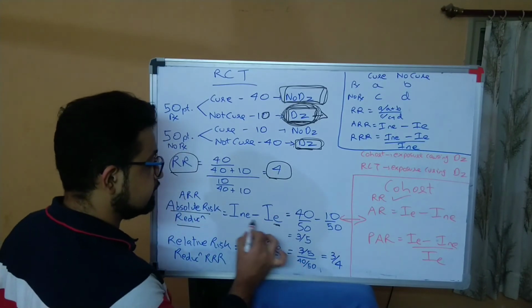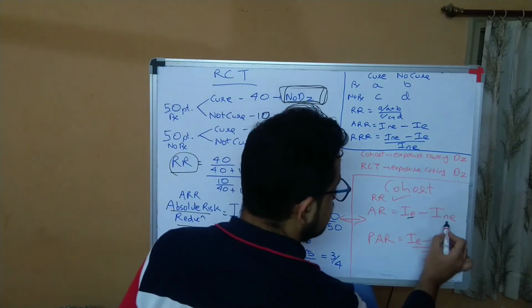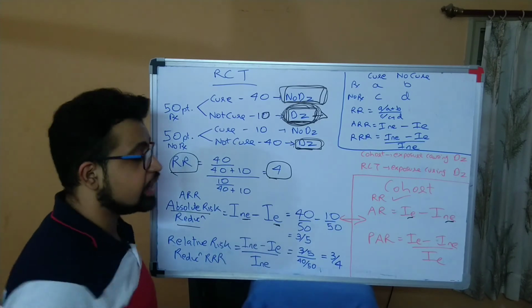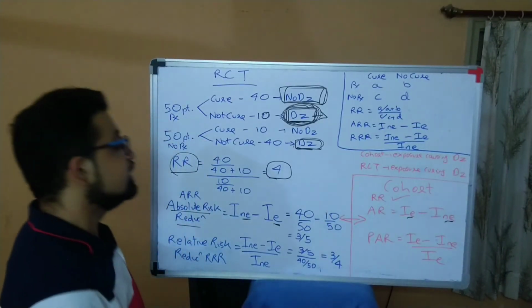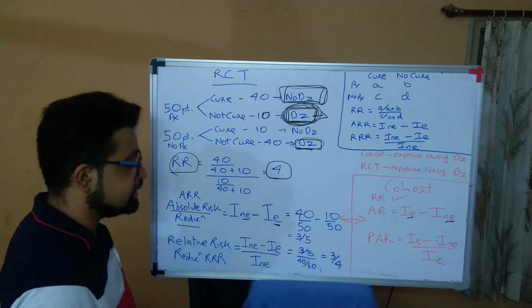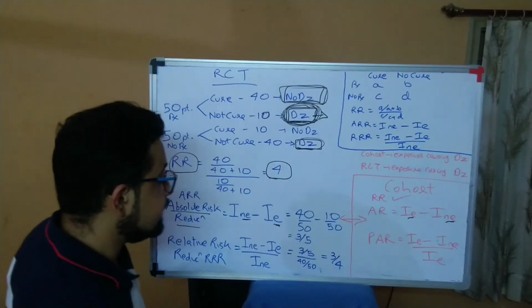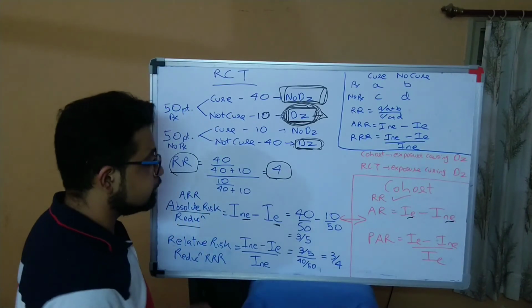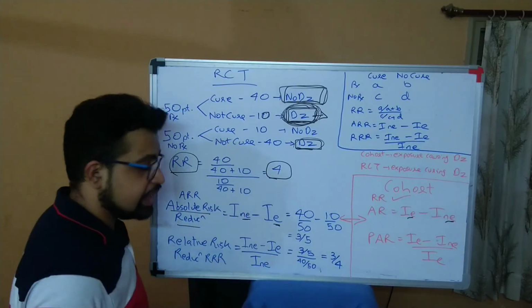We are using the same term over here. Exposure, non-exposure. What is exposure in a randomized control trial? It is the intervention. It is the drug which is protective. So exposure would lead to a decrease in incidence. Am I making sense? This line is short.